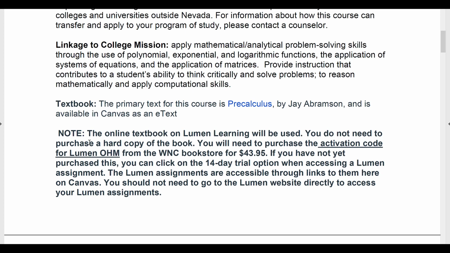You'll need to purchase the activation code for Lumen OHM from the WNC bookstore. I believe the current price is $43.95, but things can change. You could also purchase it directly from the publisher, and you can do a 14-day free trial. The Lumen assignments are accessible through links to them here in Canvas. You should not need to go to the Lumen website directly to access the assignments.